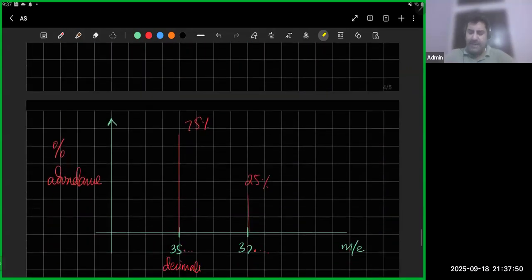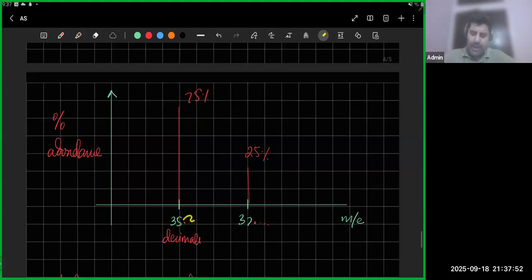So you will get a relative idea about how many Cl35s and how many Cl37s you're detecting. If you get 3 particles of Cl35 and 1 particle of Cl37, you'll get the idea that there's a percentage abundance of 75% and 25%.